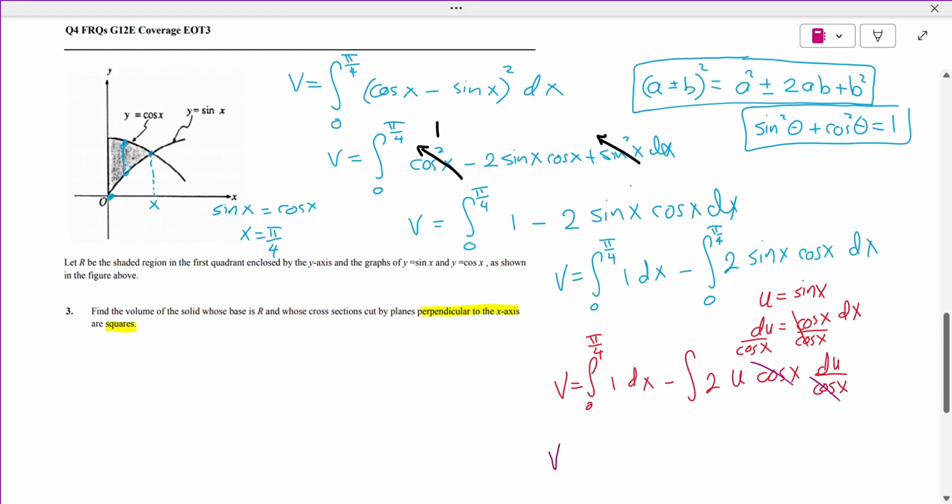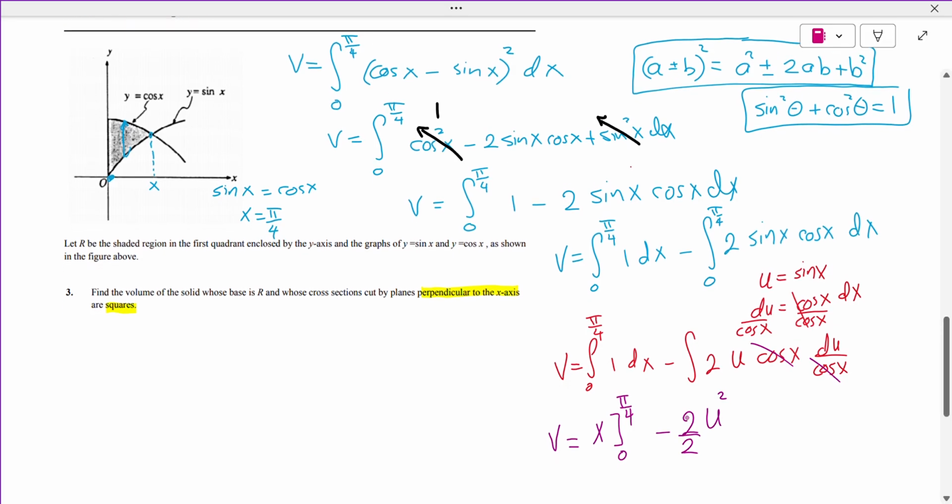Now we can integrate. So the volume equals, what's the integral of 1? It's x evaluated from 0 to pi over 4 minus 2 times the integral of u du, which is u to the power of 2 over 2. I'm not going to write evaluated from 0 to pi over 4 now, because I need to replace u back with sine of x.